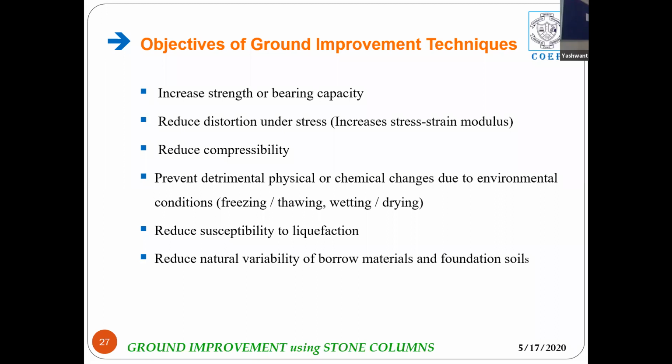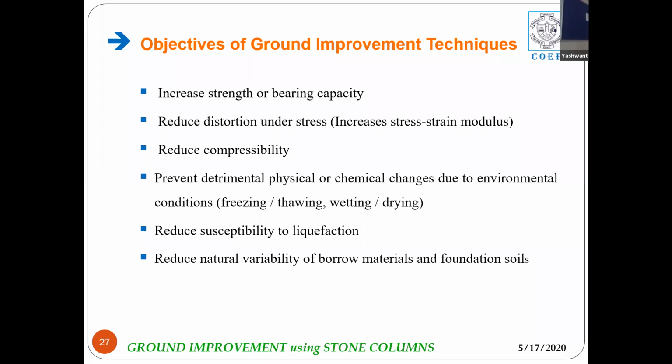This particular report submitted by Barksdale and Backus is considered as the Bible or Gita or Quran for stone columns. So for a person working in stone columns, he has to refer to this particular report, and it's available there.